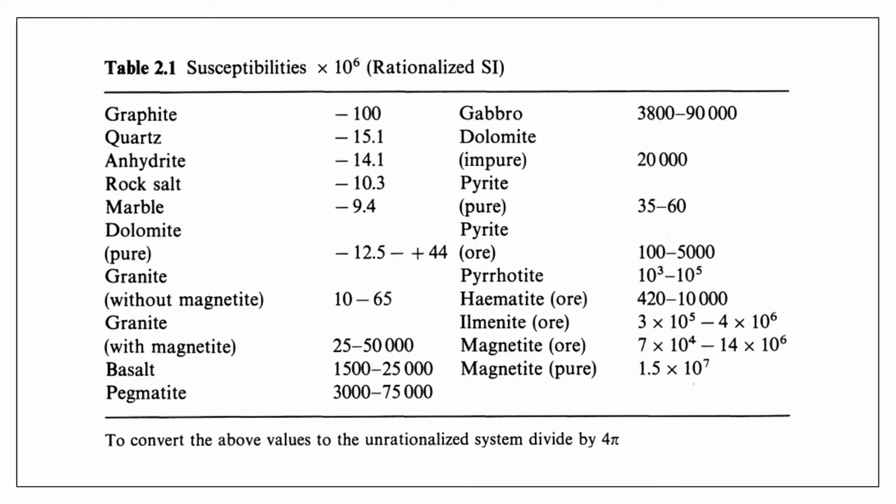These are the magnetic susceptibilities of different materials, and you have materials here that have negative magnetic susceptibilities like graphite, quartz, anhydrite, rock salt, marble, and dolomite. Note that dolomite can have positive magnetic susceptibility, mainly because dolomites can have impurities such as iron that modify its magnetic susceptibility.